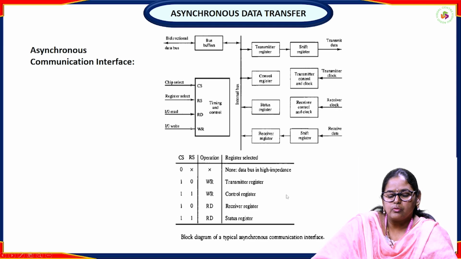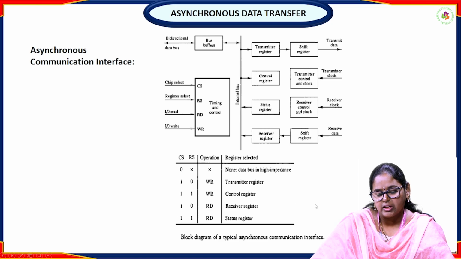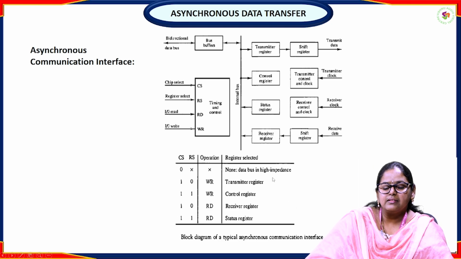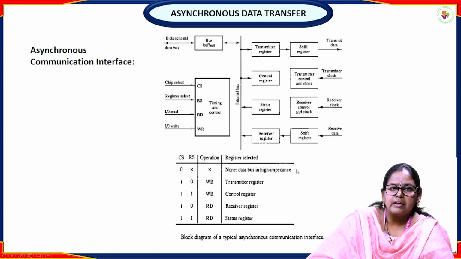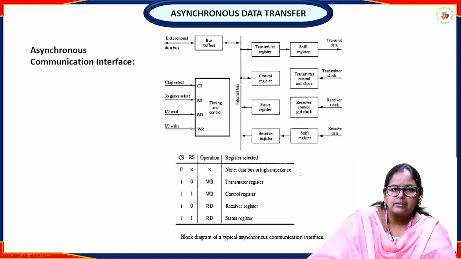Let us now go with the explanation of this asynchronous communication interface. Let us assume the data is being transmitted. One important thing you need to remember here is that this interface acts both as a transmitter and a receiver.